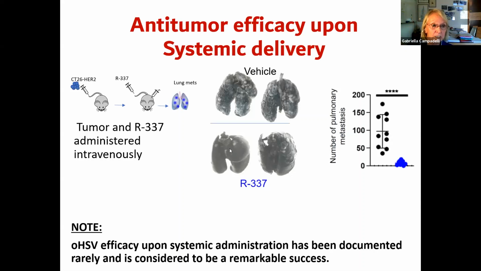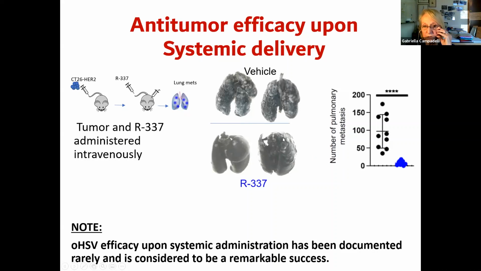The answer is yes. In this case, the tumor cells are implanted via the tail vein, and they cause tumors in the lungs. Each one of these nodules is a tumor. It is considered to be a model of metastatic tumors. If we treat with our virus, these are the lungs.